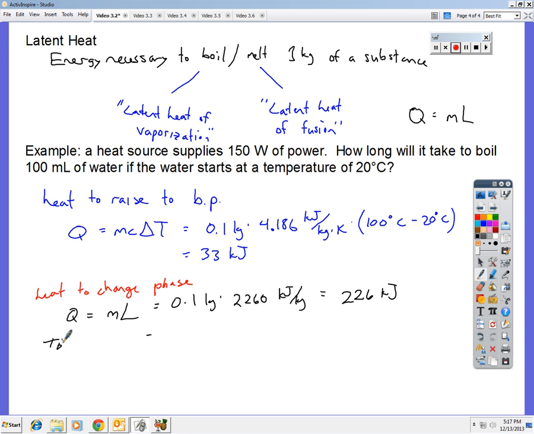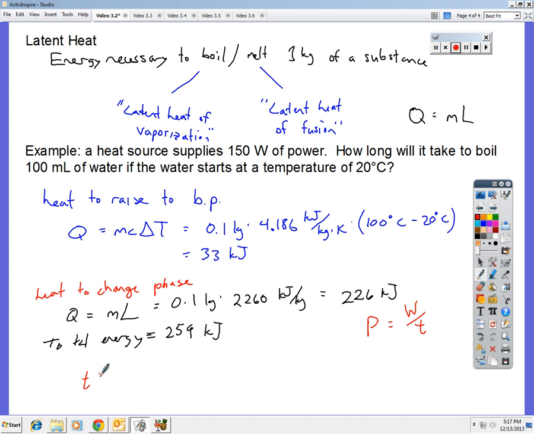And then the total energy required is 259 kilojoules. And now we need to ask, well, how long does it take for us to produce 259 kilojoules of energy? So we'll remember the definition of power, which is what we measure in watts. Power equals the work or the energy transfer divided by time.